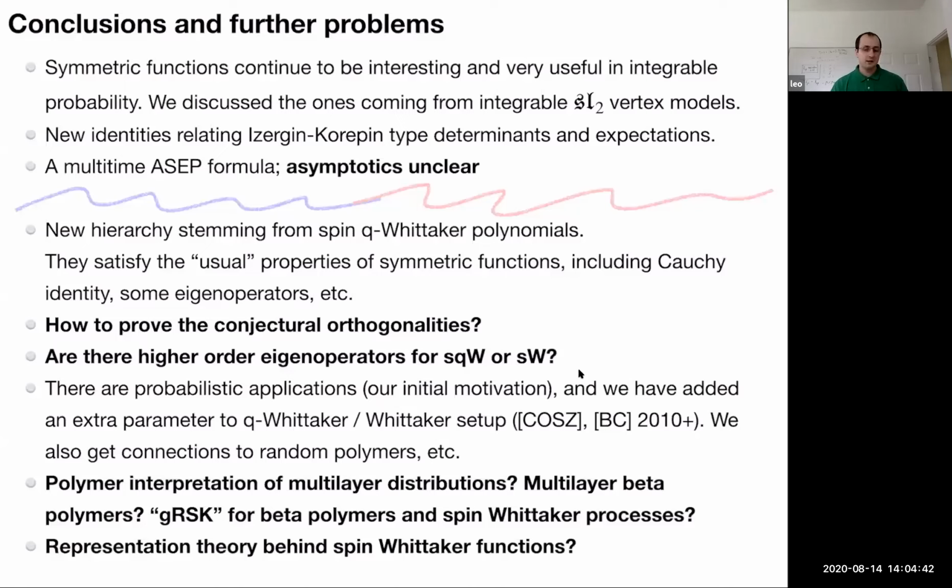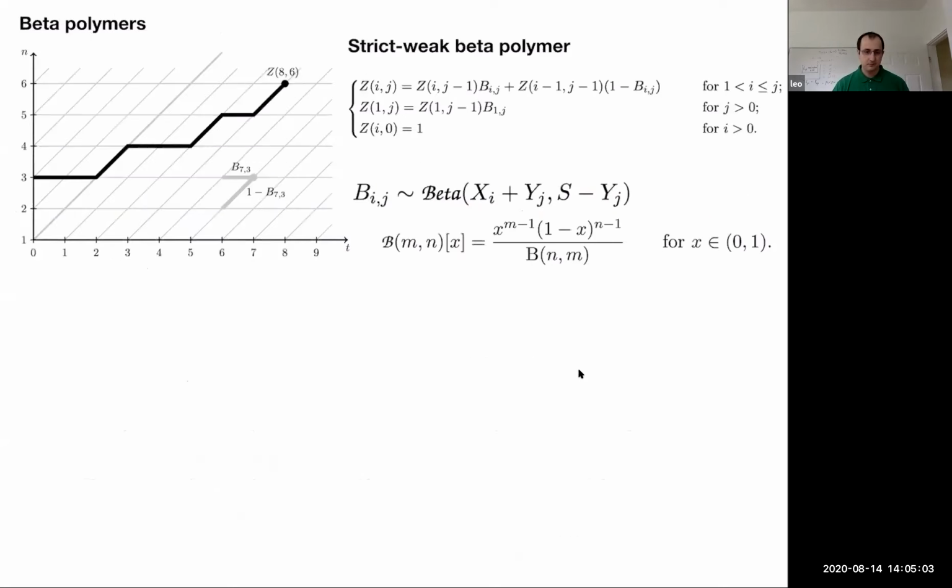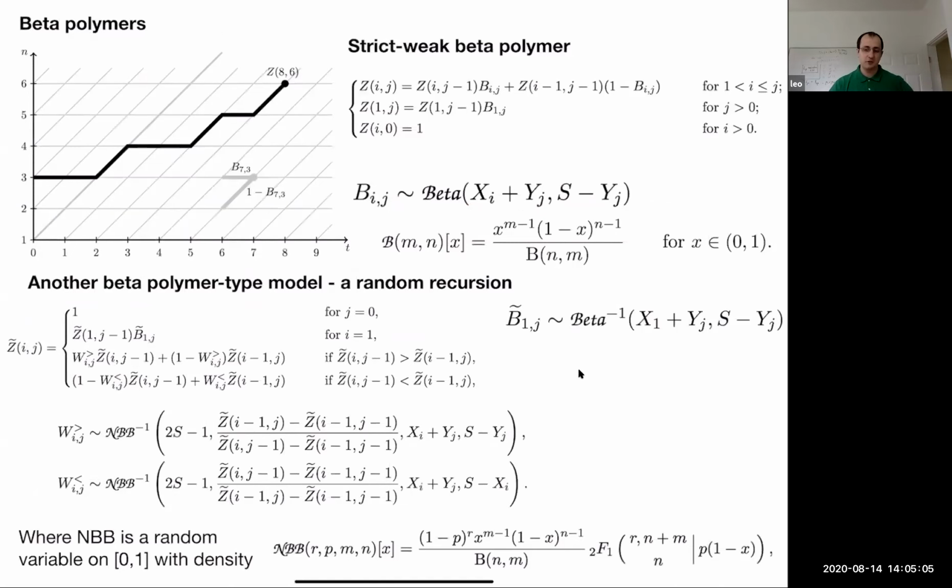And this involved understanding polymer models and then understanding multi-layer polymer models. So with the presence of new spin-Whittaker processes, there are multi-layer distributions, but I don't know of a polymer realization of them. And this seems hard enough because a multi-layer realization should encompass both polymer models on the same footing.